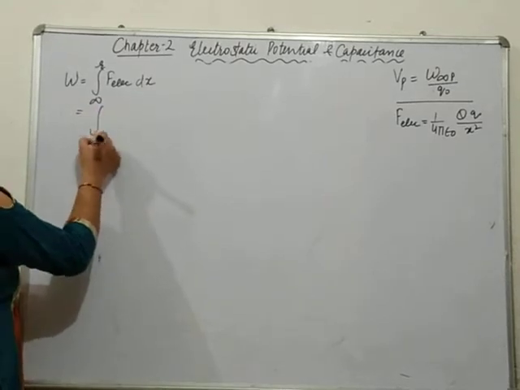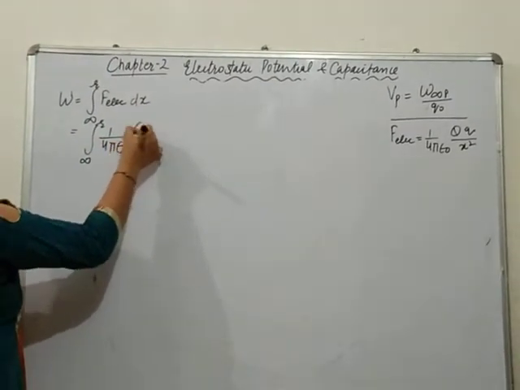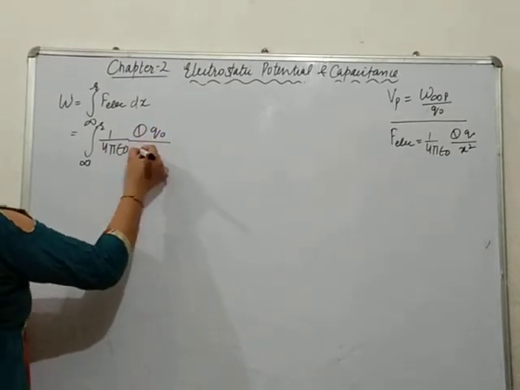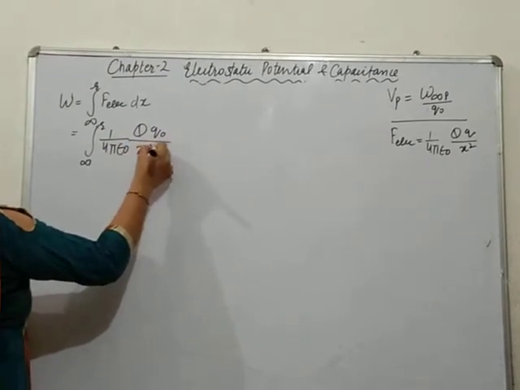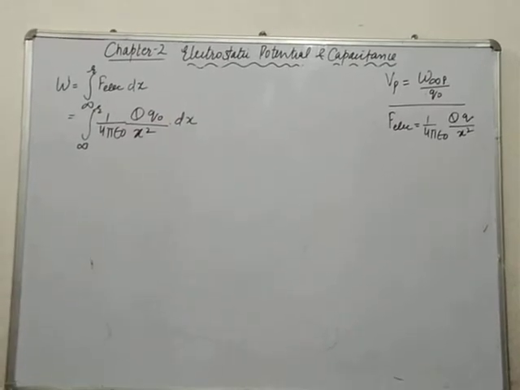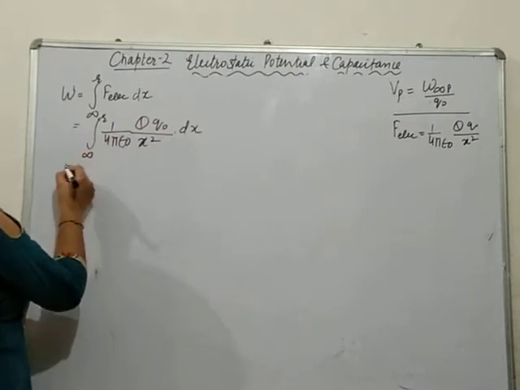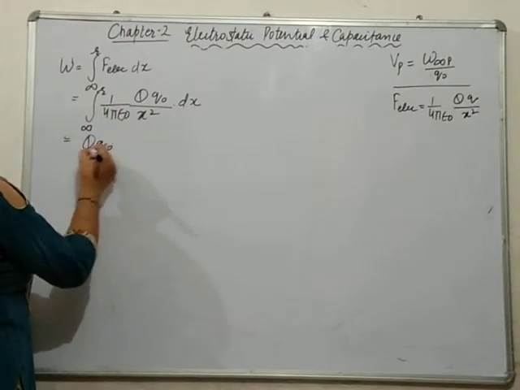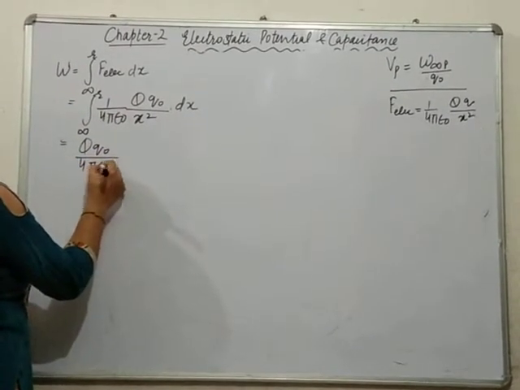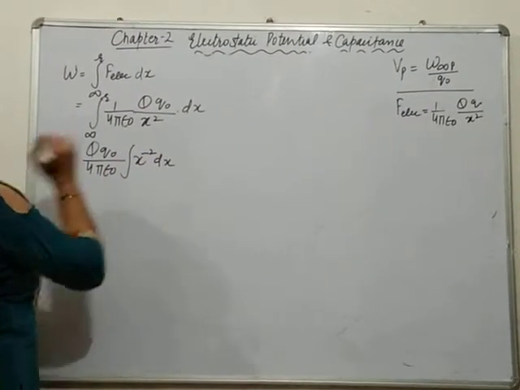Substitute, infinity to r, 1 upon 4 pi epsilon naught Q naught upon x square into dx. As we know, the constant terms can be taken out of the integration. So here Q naught and 4 pi epsilon naught, taking them out. So it will be integration of x raised to power minus 2 dx.